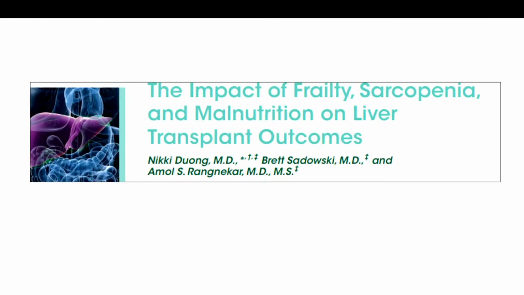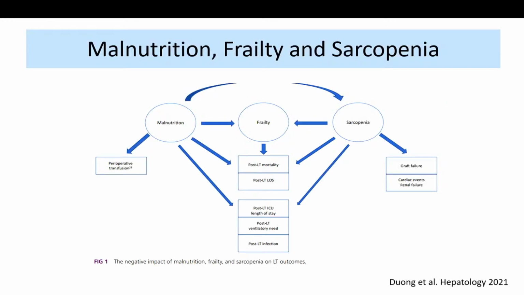And this is a very nice cartoon by Duong et al., published last year, which shows the interaction between malnutrition, frailty, and sarcopenia. You will see that frailty is in the center. You can be malnourished or sarcopenic without being frail, that's clear.